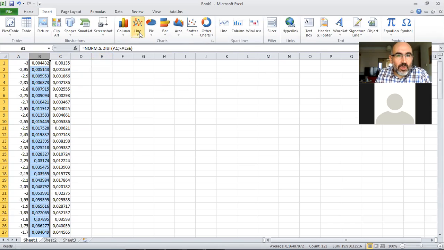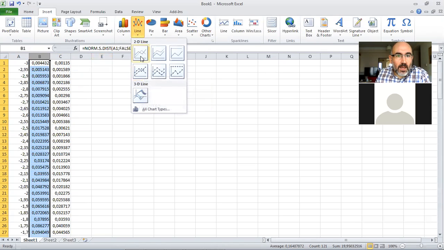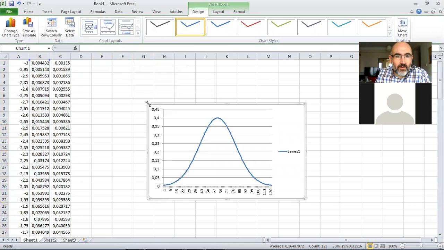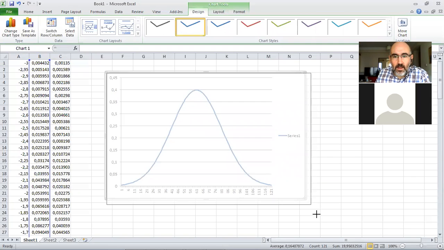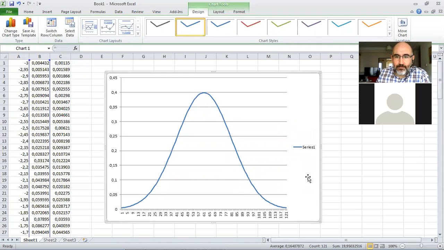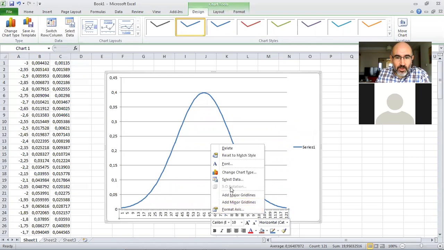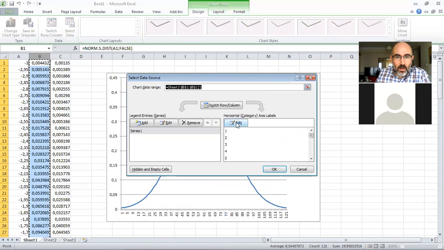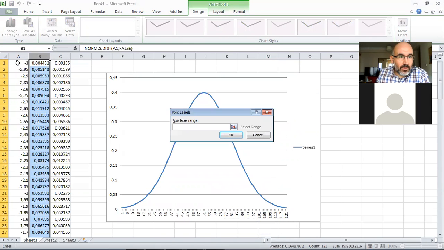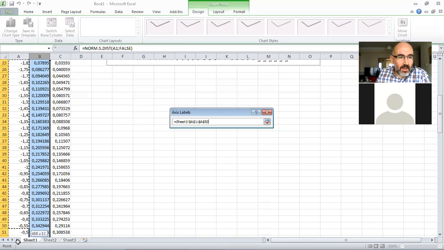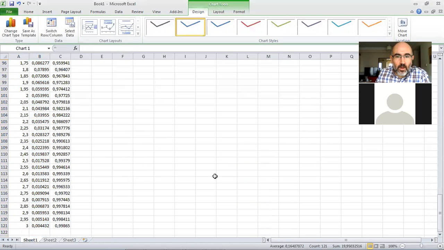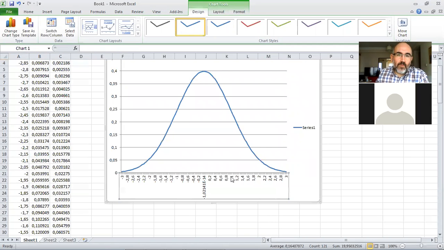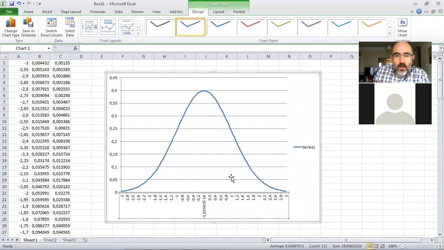Let's have a representation here. I can change the labels to the actual values rather than the sequence. So that is the frequently encountered normal density.